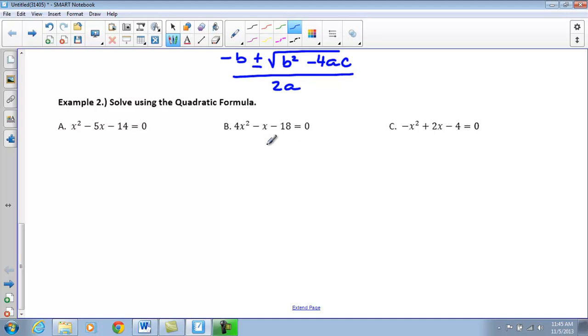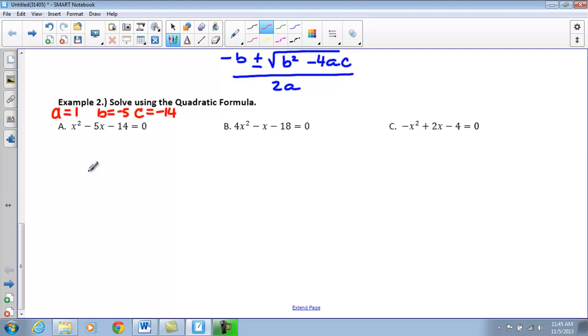So I think what would be really helpful to start these problems is if we do exactly what we did in example 1. List out your a, b, and c values. So a is going to be 1, b is going to be negative 5, and c is going to be negative 14. So now wherever I see an a, I'm going to plug that back into my formula.